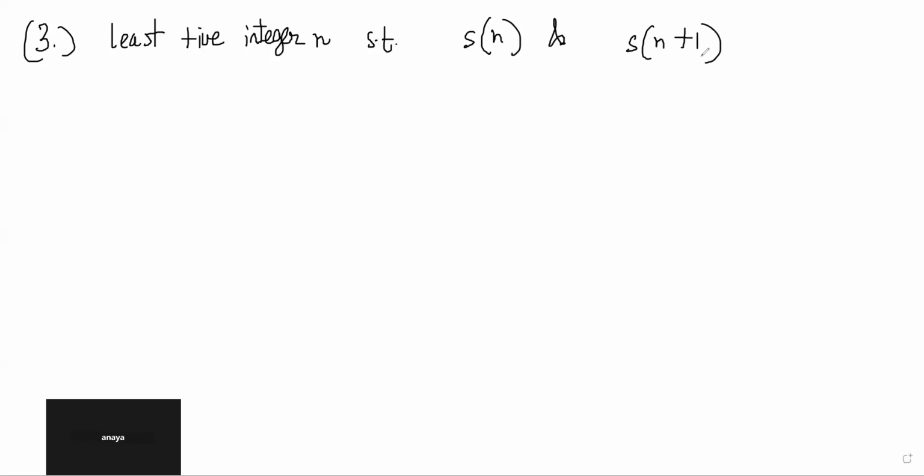Third one was, I think, find the least positive integer n such that the sum of digits of n and the sum of digits of n+1 are both divisible by 5.